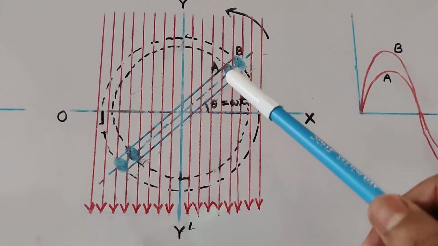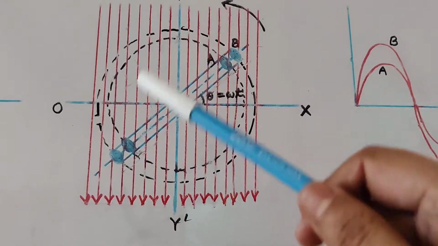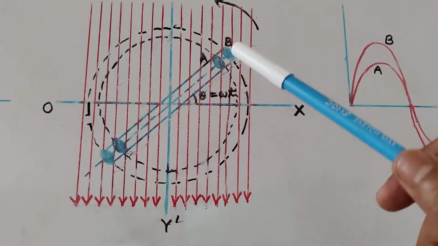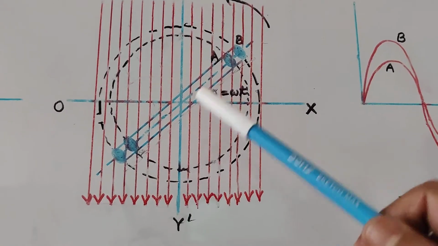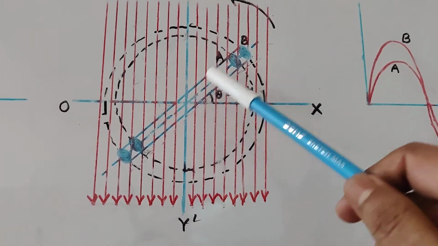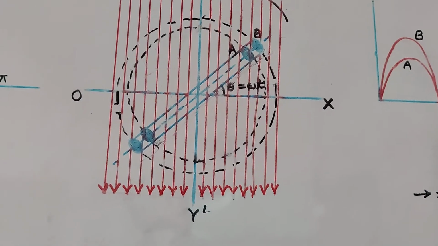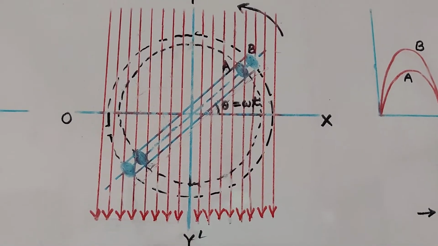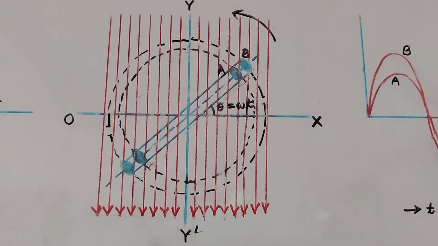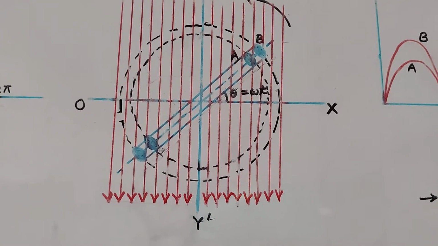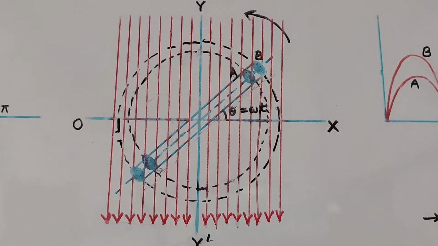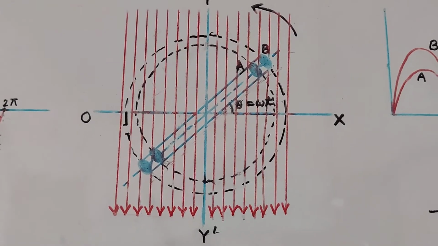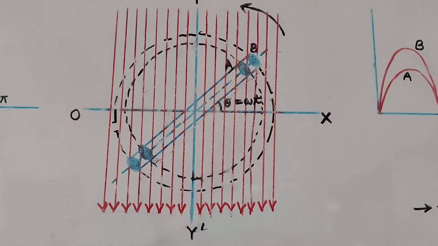So when we rotate both the coils in this magnetic field having uniform intensity, then EMF will be induced in coil A as well as in coil B. And we find that the EMF induced in coils A and B will be of the same frequency, and the EMF will be of sinusoidal shape.